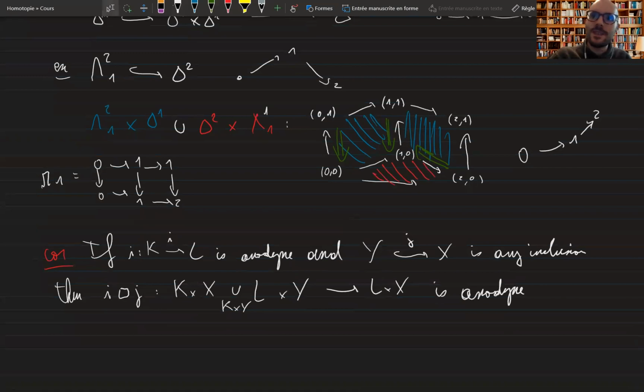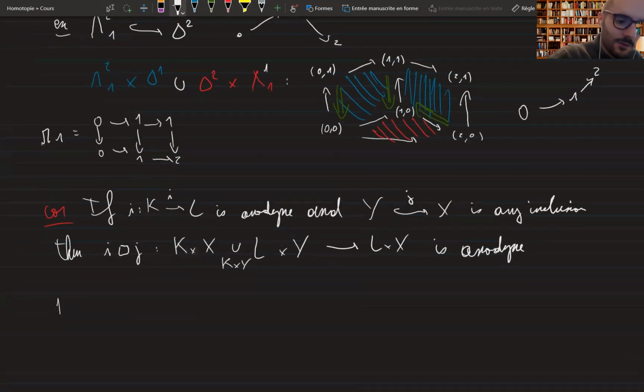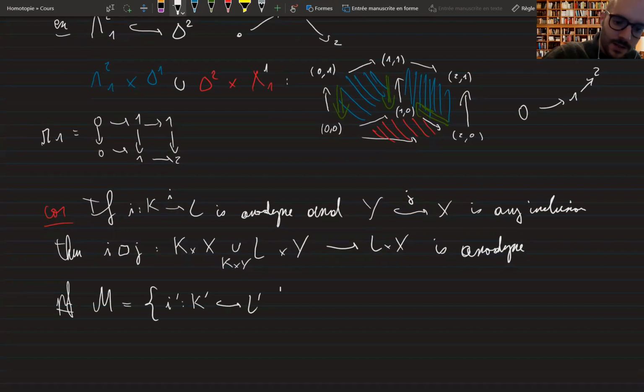And the proof is a little bit subtle, right? I'm going to write it and you are not going to be sure if I proved anything, but I did. So you consider the class M, which is the class of all inclusions I prime from K prime to L prime, such that I prime square J is anodyne.